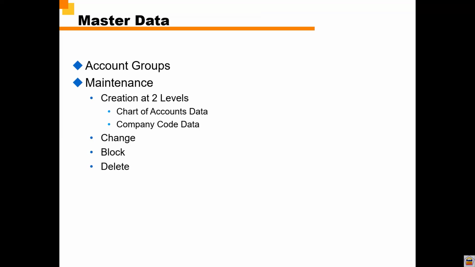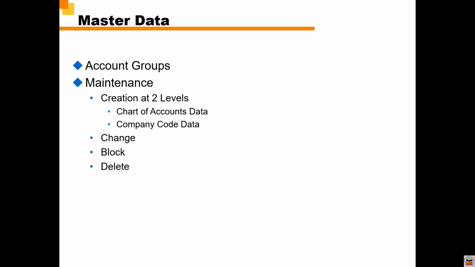I'll also show you the segment in the system when we start creating and maintaining the GL. The information which we maintain at these two levels, that is chart of account and company code level, we can change, we can block, and we can also delete as per the client requirement.